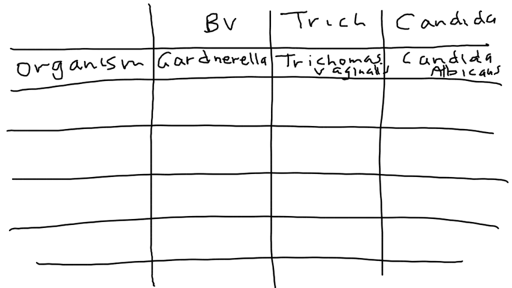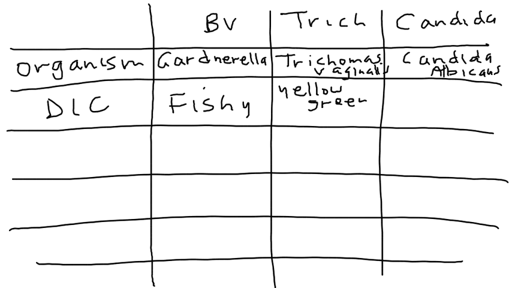All right, so those are the organisms. What type of discharge? Well, BV is a fishy discharge. Trichomonas is a yellow-green frothy discharge. Remember the word frothy. The R in trich and the R in frothy. Remember that. Candida is a white discharge.